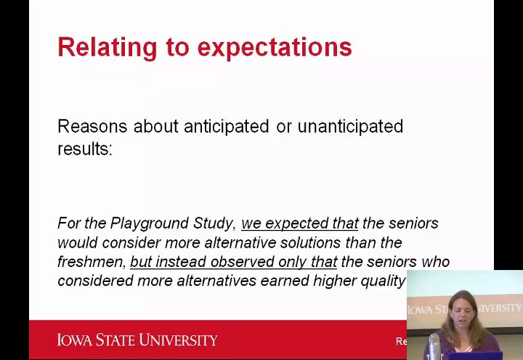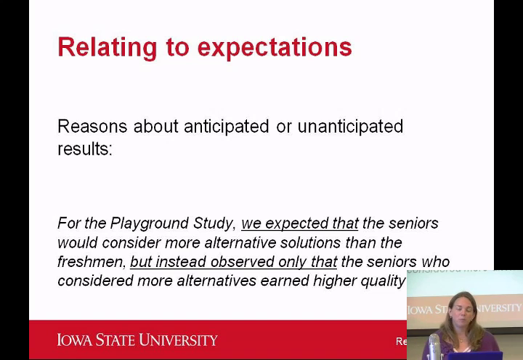Okay, let's look at our next step. And this step is called relating to expectations. And the function of this step is really to relate the results the researchers obtained to their expectations, and to discuss and consider the connection between these two things.